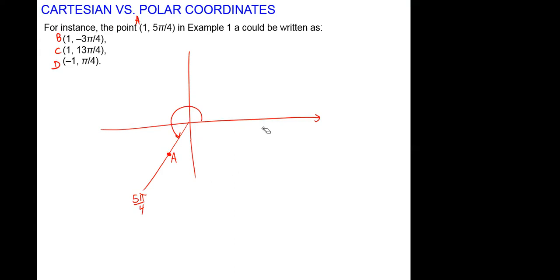I will go this way, and we can see 1, 2, 3. That means this angle is definitely negative 3 pi over 4, and distance 1, the same point.